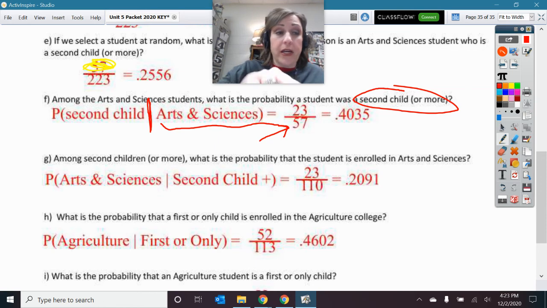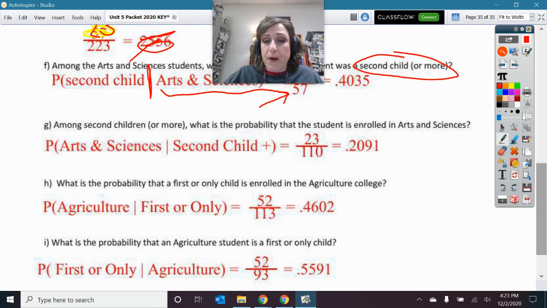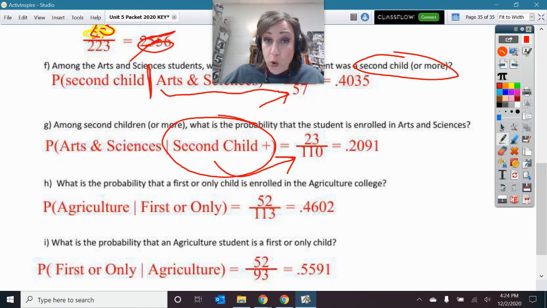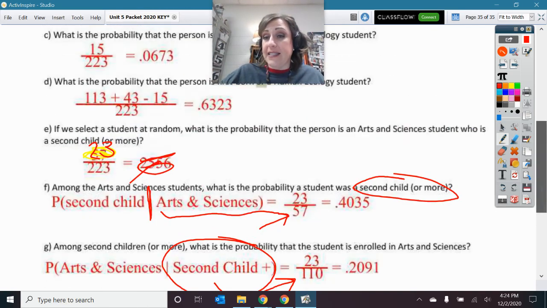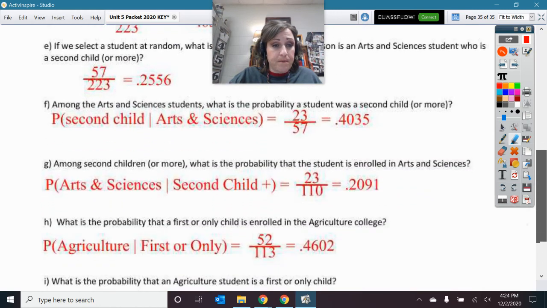And that's that 23, just like that 23 that we should have had up there on E. All right, next, among the second children or more, that is given that they are one of the 110 second children or more, what portion of those are the arts and sciences? So see, here we go. Given that they are part of these 110 right here, what part of those are the arts and sciences? So the 23 out of the 110.